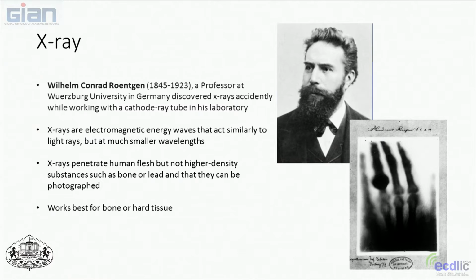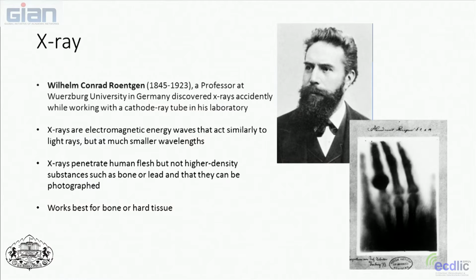So X-rays came about in the late 1800s, right around the turn of the century. They were developed by, I'm not sure how to say his name, Wilhelm Conrad Roentgen. Does that sound right? Roentgen? Okay, I believe you guys. He was a professor at Würzburg University in Germany.